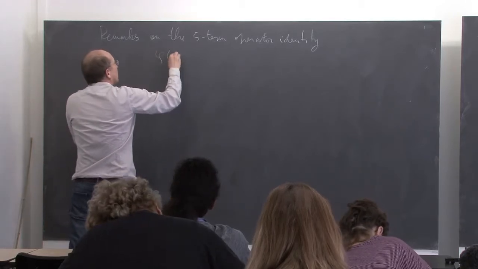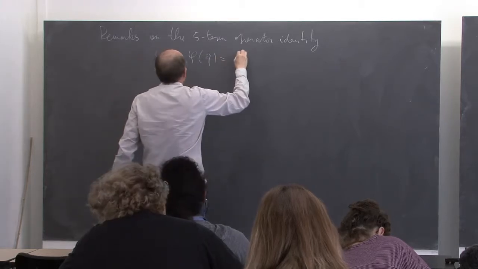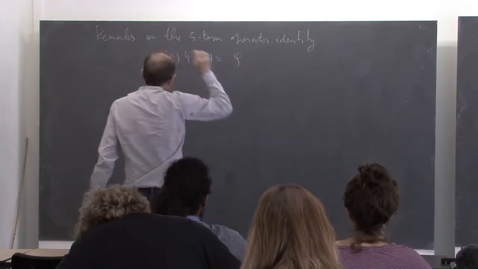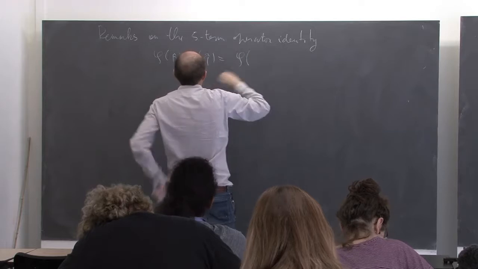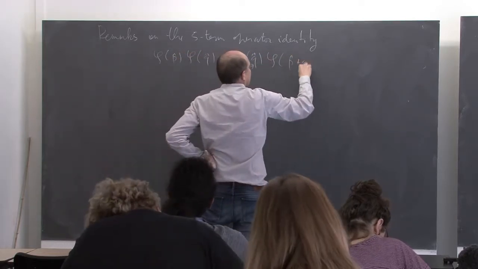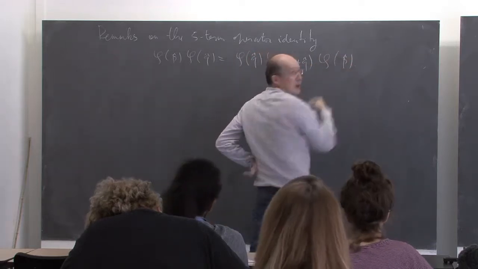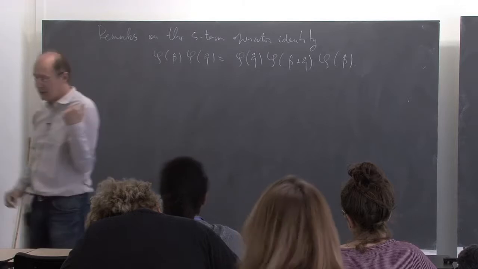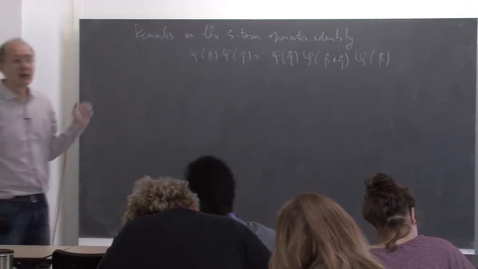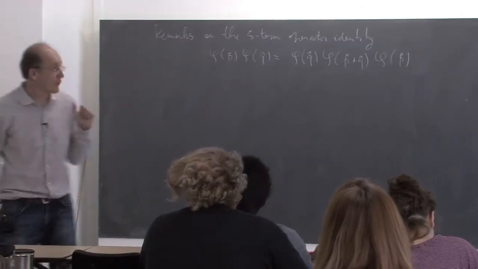identity of the form p̂ φ(q̂) equal φ(q̂) φ(p̂) plus q̂ φ(p̂). And we have shown that this identity is satisfied up to common multiplicative factor by Fourier function, phi_b of x.